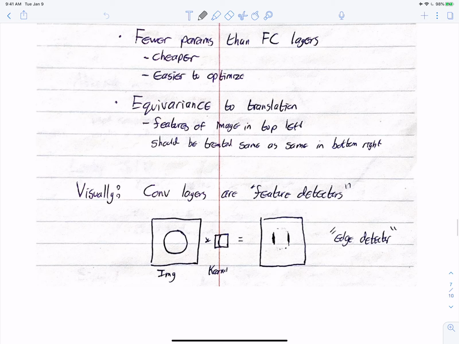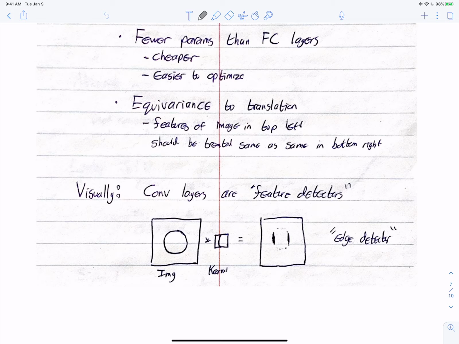Visually, we can think of these convolution layers as feature detectors. Here you should think of the kernel as having some pattern or shape of high values and low values. In this example, I have a small kernel which has a sort of vertical line as its filter.